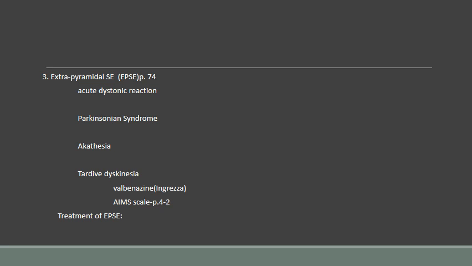But usually besides this new medication, the only treatment really is to stop the medication and go from there, in hopes that it will go away. But if they've been having tardive dyskinesia for a very long period of time and you take them off the medication, they will continue with that tardive dyskinesia.